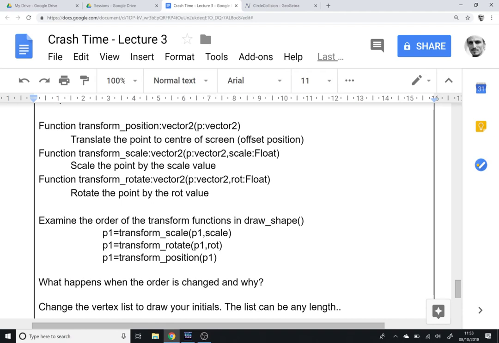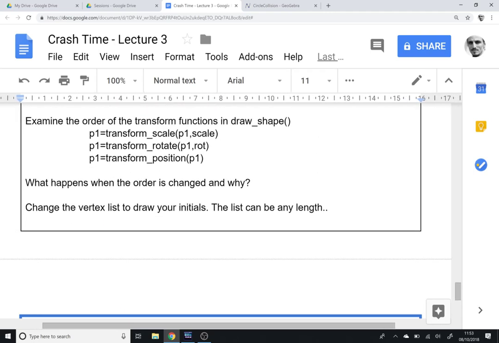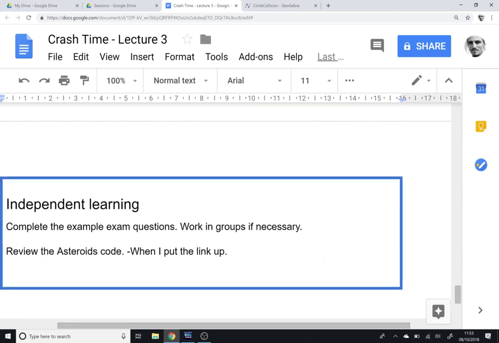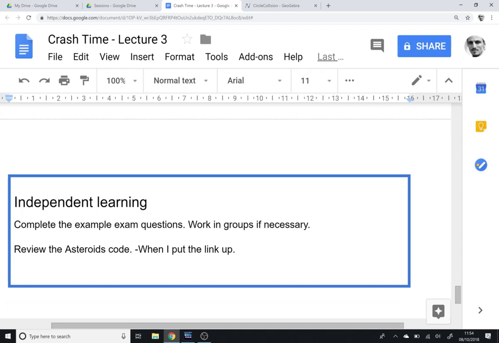Then I want you to play around with the order of operations and see if it makes a difference. And then change the vertex list so that you can draw your initials, just for funsies, because it's all about the fun. And then the independent learning is to complete the exam questions that I have provided, work in groups if necessary, and review the asteroids code, and I'll put the link up.